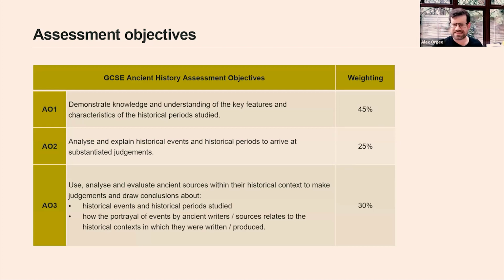So I think there are things in that second bullet point on screen that draw out some of the type of things that you would be looking at and assessing in the GCSE history interpretations assessment objective.